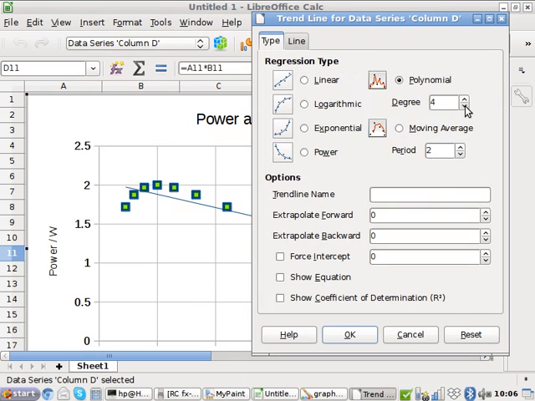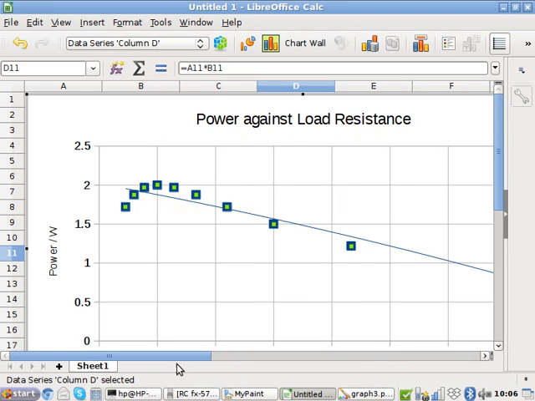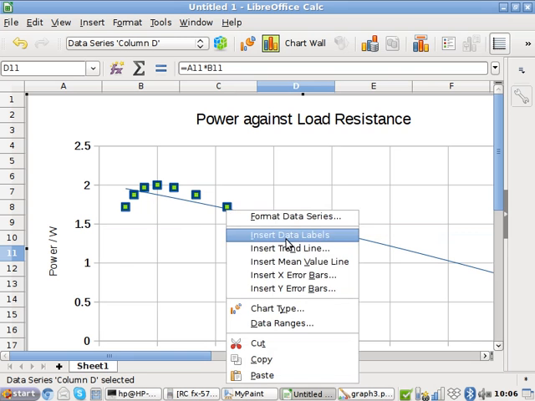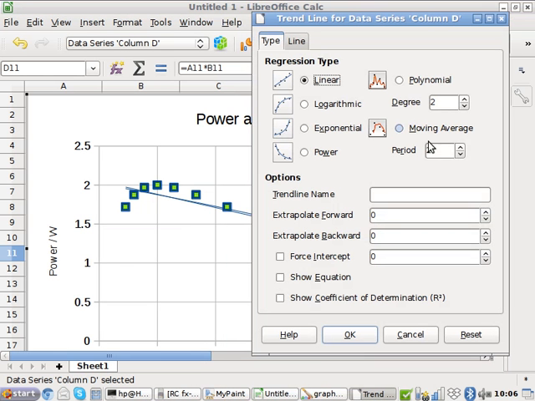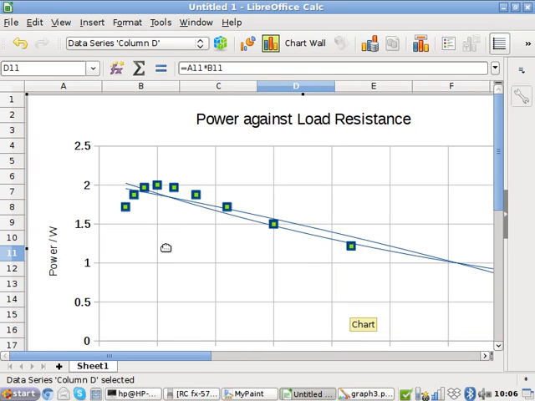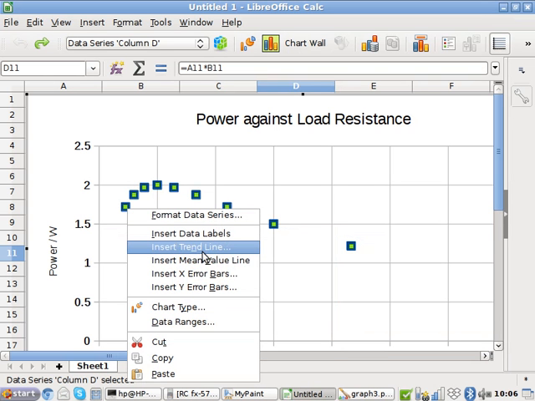Polynomial. Let's see what happens. Oh, ugly. That did not work. Maybe it's not polynomial. Maybe it's more exponential shape. Power. I want to put in a line.